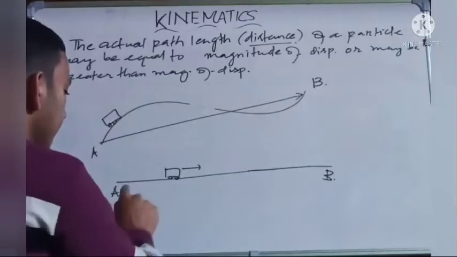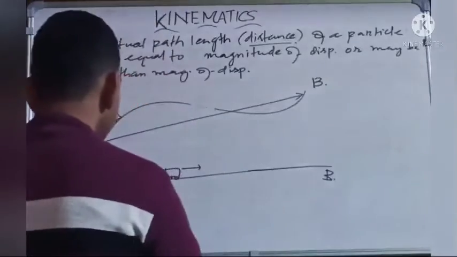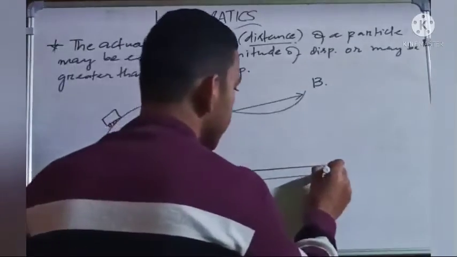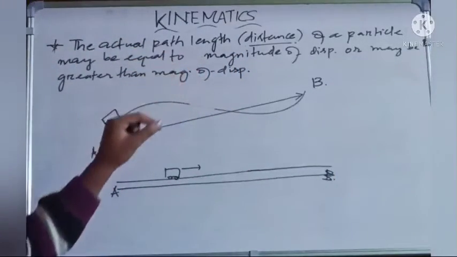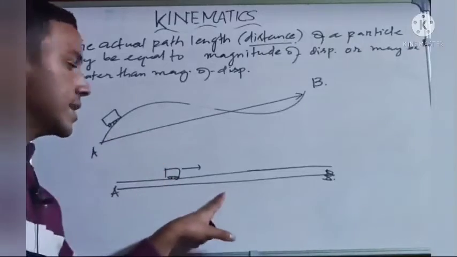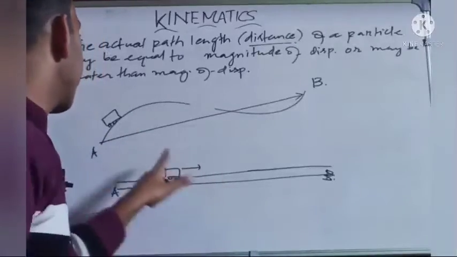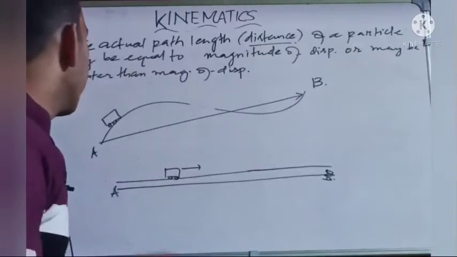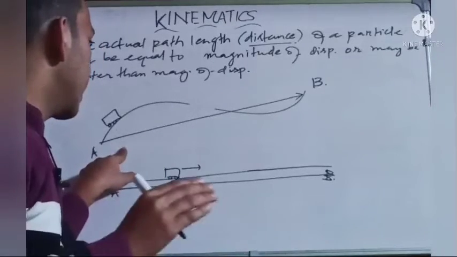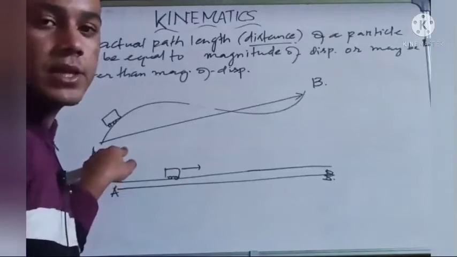Here the actual path length traveled will be equal to the magnitude of this displacement vector. That means the distance may be equal to the magnitude of displacement, or it may be greater than the magnitude of displacement, but it is never less than the magnitude of displacement.